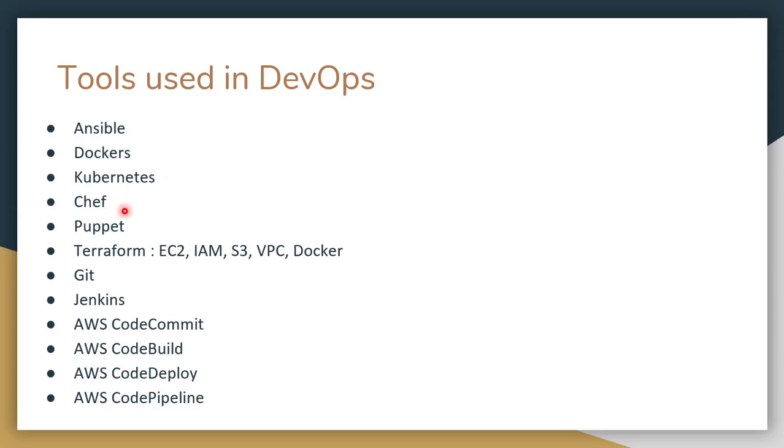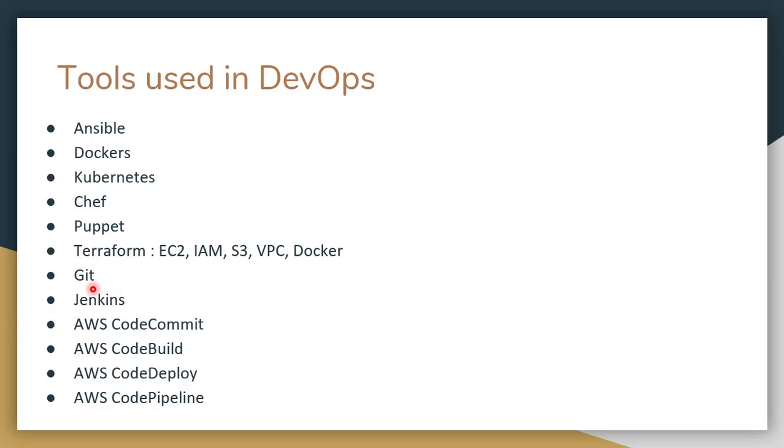Chef and Puppet are automation frameworks for automating release. We have a set of tools here for process. So we have EC2 and Docker, all runtime type environments.